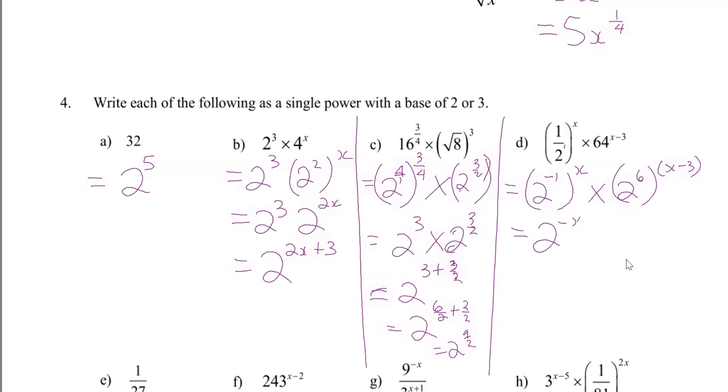So this will be 2 to the negative x, and distributive law, this will be 2 to the 6x minus 18. And when we add negative x plus 6x, we get 5x. So 2 to the 5x minus 18.